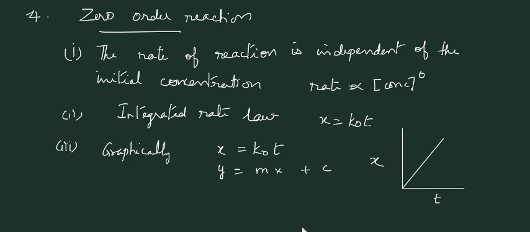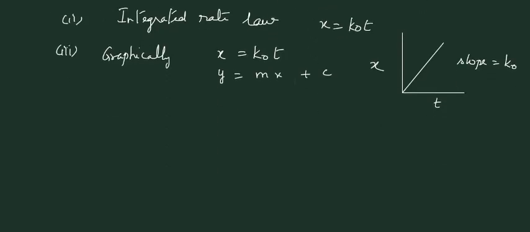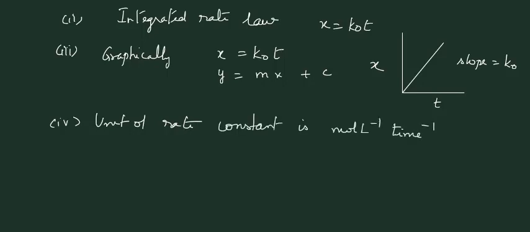You will get a straight line whose slope is equal to K0 and y-intercept is 0. Fourth one, the unit of rate constant is moles per liter per time. And finally, T half is proportional to the initial concentration.